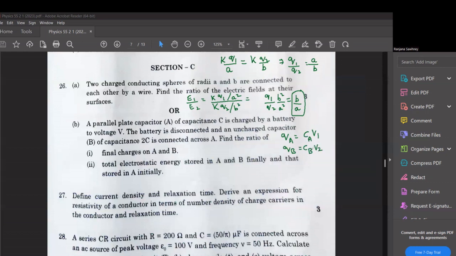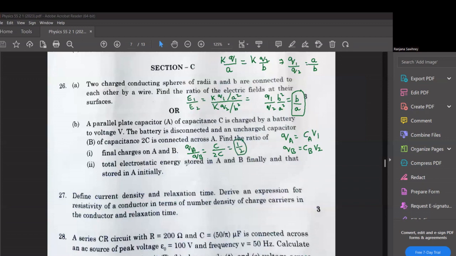Here CB is given as 2C, CA is given as C. When they are connected, they'll come to the same potential, so V1 will be equal to V2. So QA upon QB will be equal to CA upon CB, which is C upon 2C. So the ratio is 1:2.